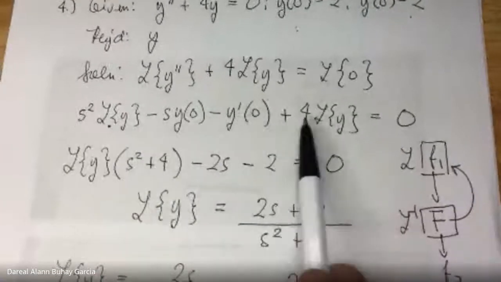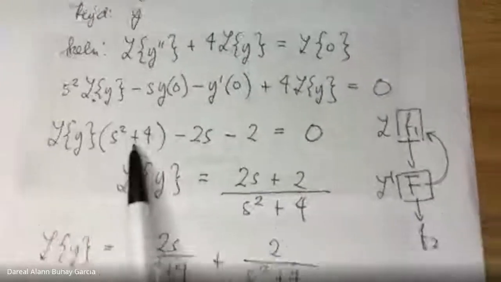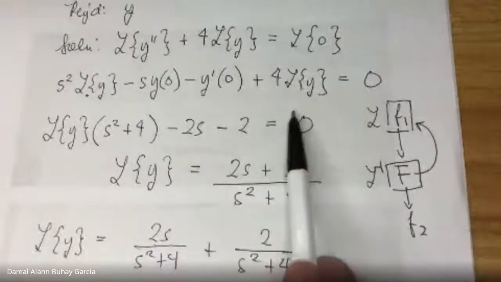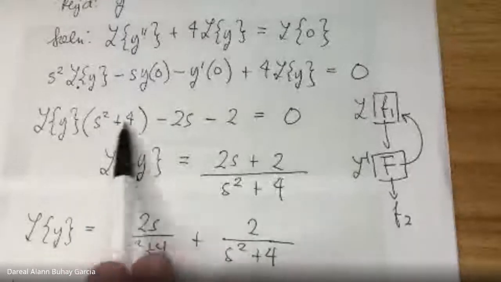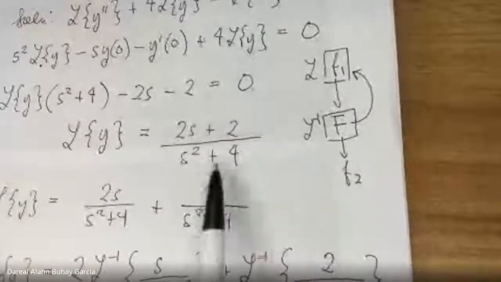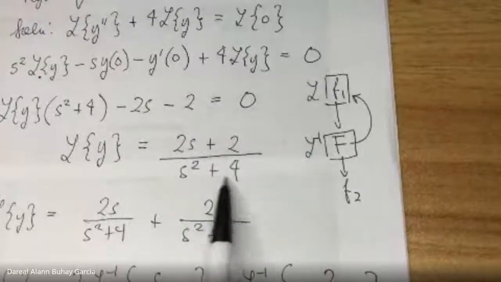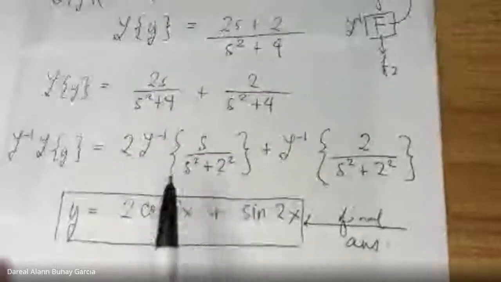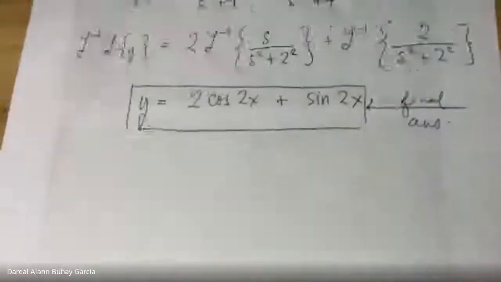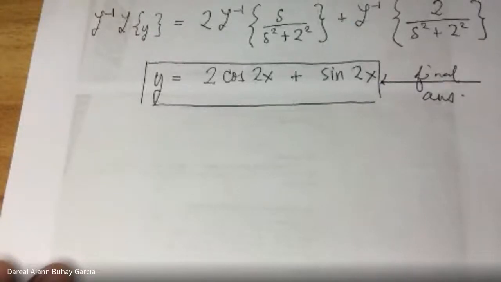Combine like terms, especially the Laplace of y. Then transpose. Divide by the coefficient of the Laplace of y. If it's not directly a Laplace transform, do partial fraction decomposition and then the inverse Laplace. That's the process for solving a differential equation using Laplace transform.